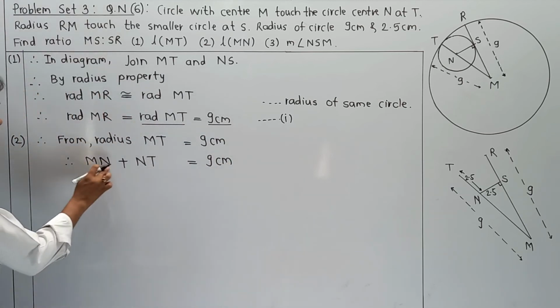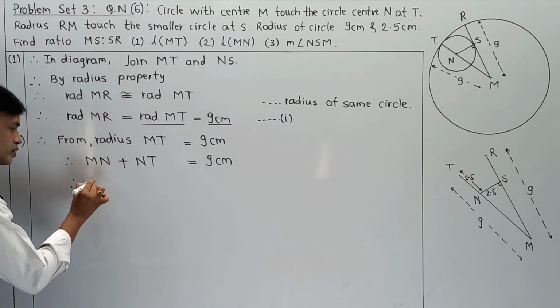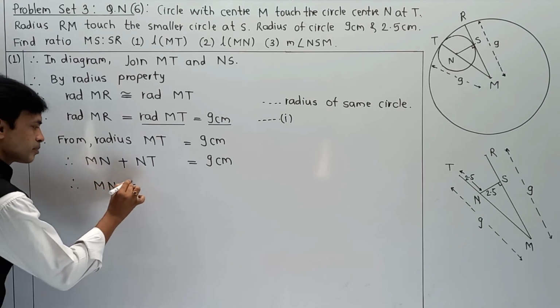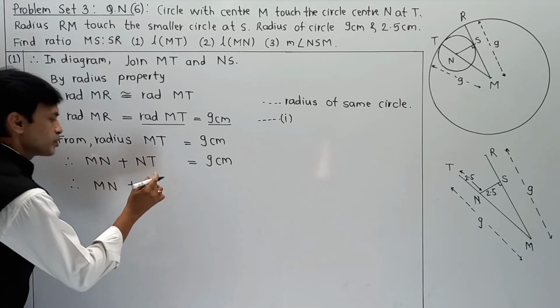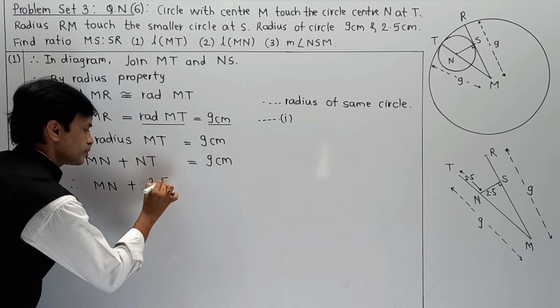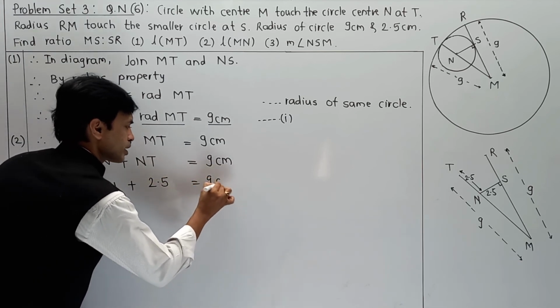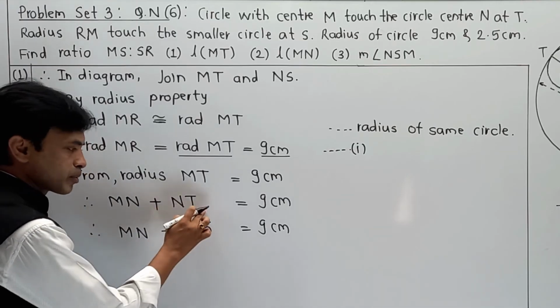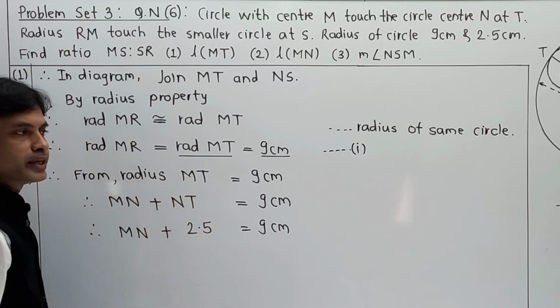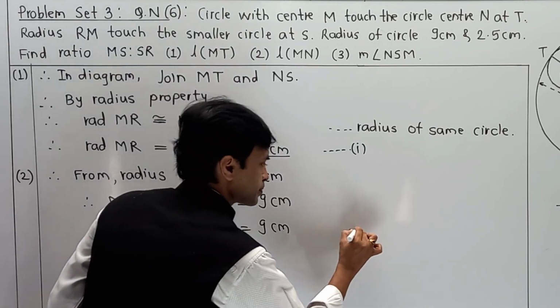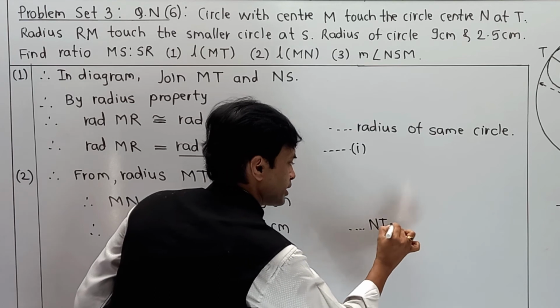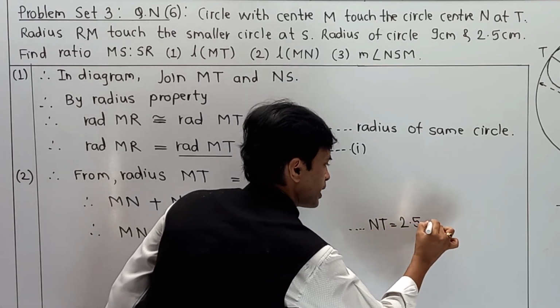Now MN is unknown for us. So MN plus NT. NT we have calculated from the diagram, 2.5, is equal to 9 centimeter. And for the reason I am going to write NT is equal to 2.5, radius of smaller circle.